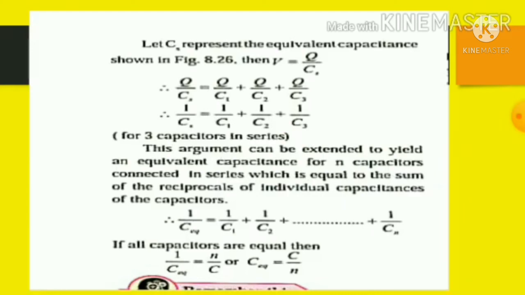In this equation, the numerator on the left side is nothing but Q, and in each and every term on the right side the numerator is also Q. So on the right side we can take Q common from each and every term, and then we can write the equation as Q upon CS equal to Q into bracket 1 upon C1 plus 1 upon C2 plus 1 upon C3.